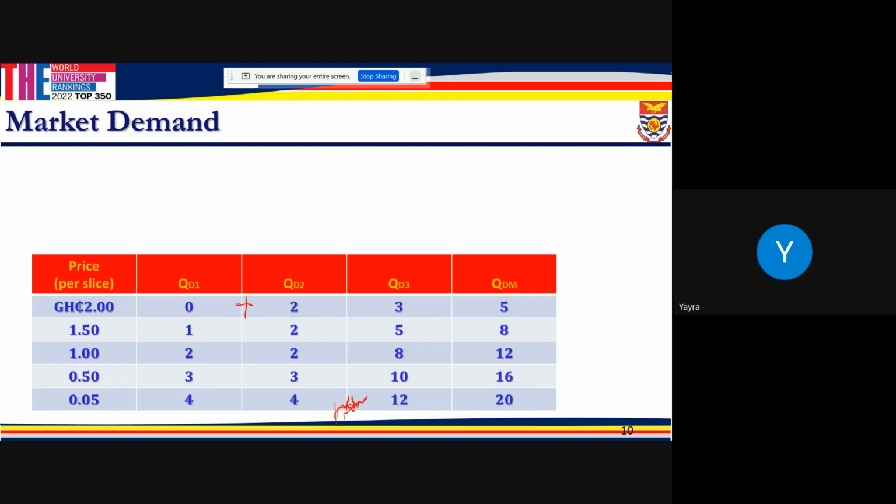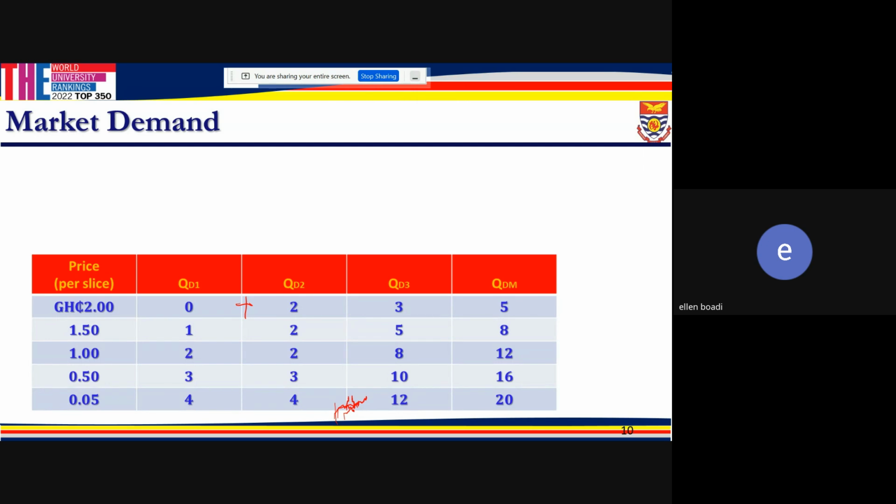Madam, I am saying that if you want the market demand for bread when the price is 2, you just have to sum the quantities of the individuals at price 2, and that will give you the market demand.